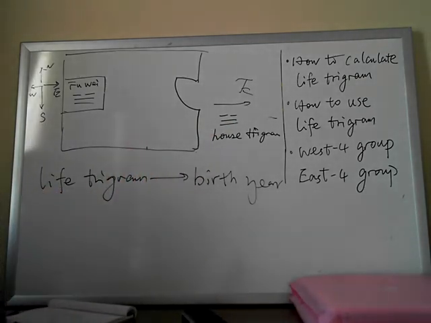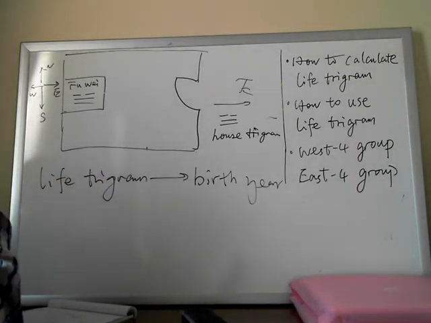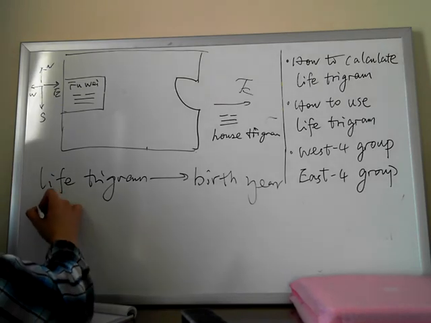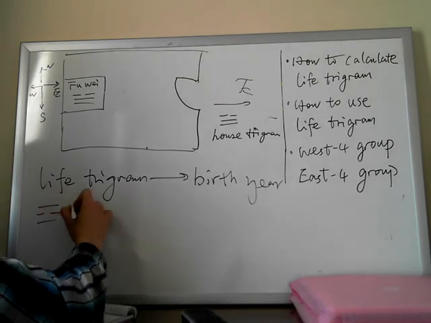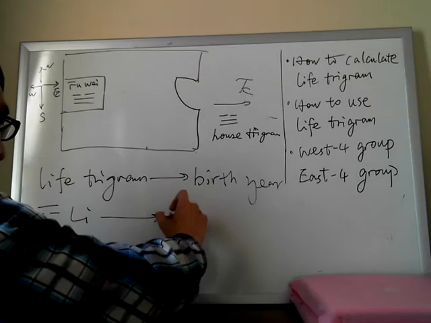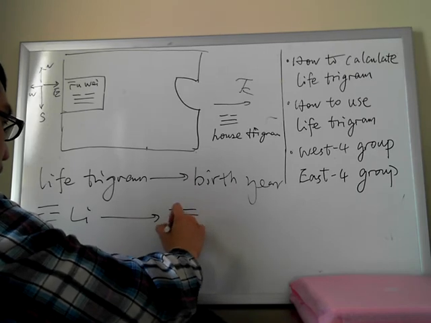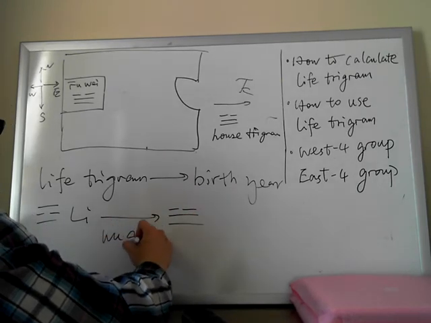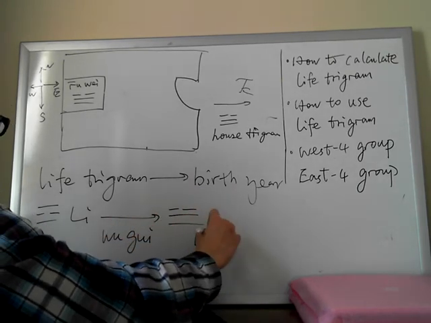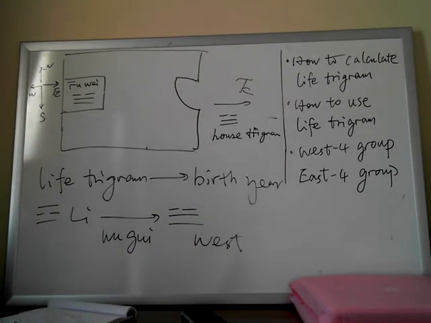So according to the old theory, for a life trigram Li person, you cannot stay in the west. That's the old theory, because west is the 5 ghost direction. This is west.